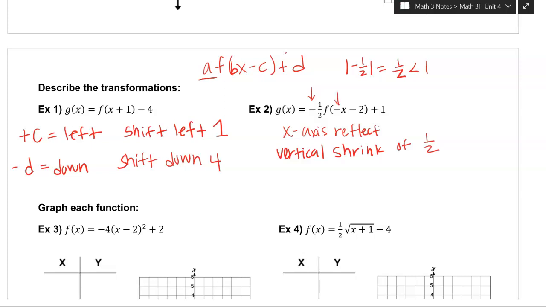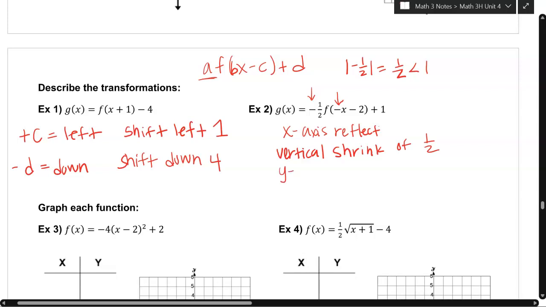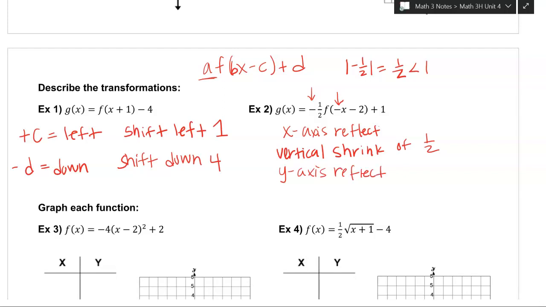Next, we also have a negative on the inside, so it's also going to reflect on the y-axis. And right here, since we have a negative with x, we're going to have to do a little bit of solving to know if we're going right or left. So we're going to take what's inside, set it to 0. So we add 2, so we think, oh, we might be going right 2.